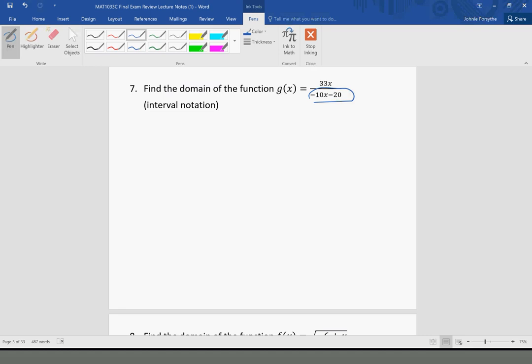So this has a denominator with a variable. So what you want to do is set the denominator equal to 0.